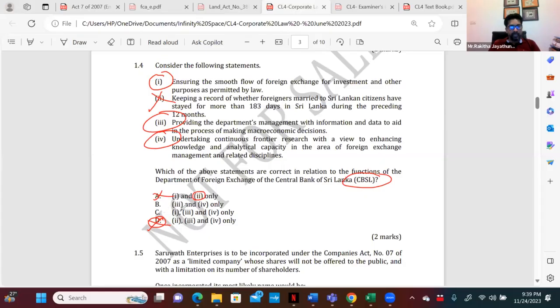The only difference between B and C is that Roman 1 is not there in B. Then you read Roman 1, ensuring the smooth flow of foreign exchange for investment and other purposes as permitted by law. When you look at it, there's nothing wrong with that answer, it's a logical answer. Therefore, you cannot avoid that. Hence, Roman 1 should also be there. Accordingly, 1, 3, and 4 is the correct answer. All right, so that's another way of getting the answer if you're not sure about the exact answer.